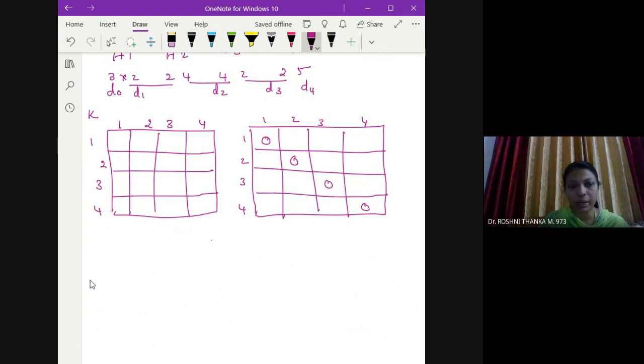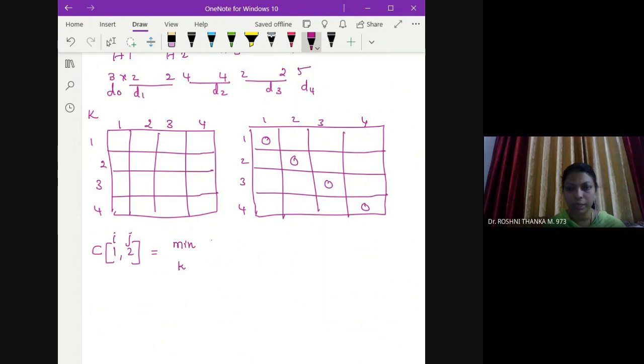So first what we have to do is find the cost of multiplying matrix 1 and 2. So let us say cost of multiplying the matrix 1, 2. This is the i value and this is the j value. Here we will be taking the minimum value, and the k value we have to range.